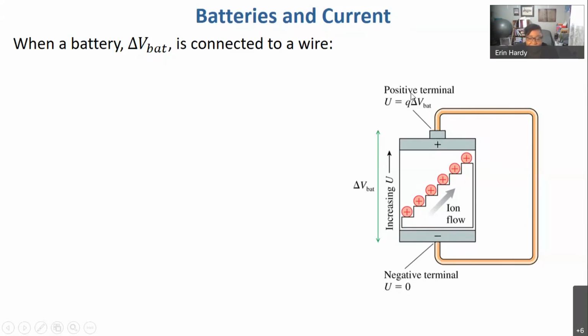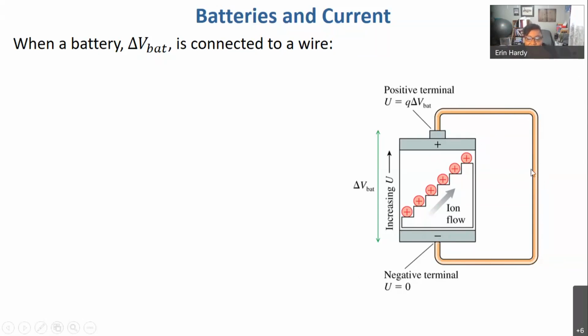So you start off with some total amount of potential energy. For an electron, the thing that's actually responsible for the current that we would measure in this wire, this would not be just any generic Q, but the fundamental charge times delta V for whatever the battery is. Then the magnitude of that potential energy would get smaller and smaller as we work our way down to the negative terminal, so it's ready to hop back onto the escalator to be lifted up once again, and then lose all of that energy.